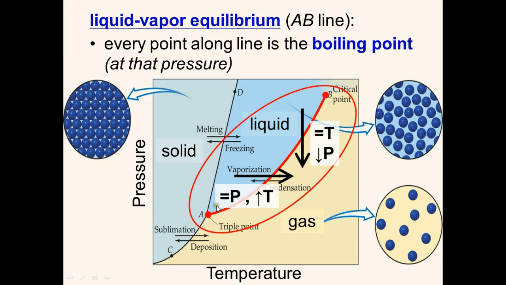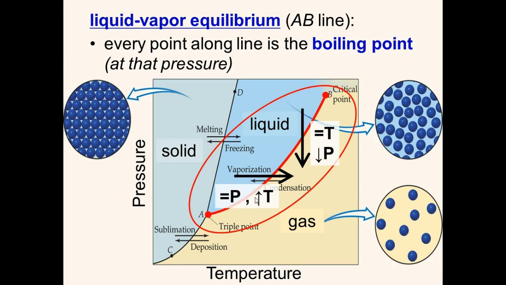But in the mountains, we have low pressure, so we have a big room for these kids, and they'll be going crazy. We have low pressure, so not much force keeping them together, so it doesn't take a lot of energy to raise them up to a gas. So that is why boiling water in mountains happens at a lower temperature, because there's less pressure holding back the liquid.